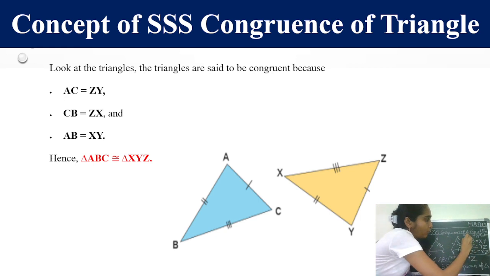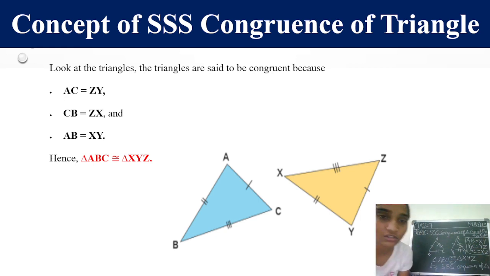So if they follow these three conditions of the corresponding sides being equal, we can say that these two triangles are congruent by SSS, which is side, side, side congruence of triangles. Okay. Let us move ahead now, students.